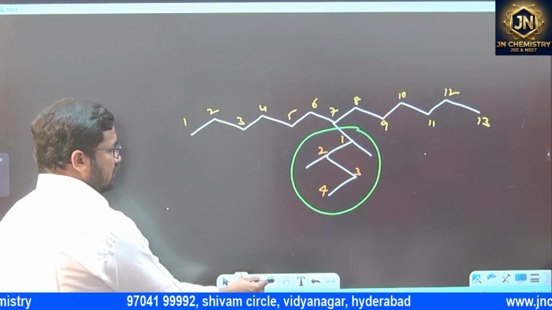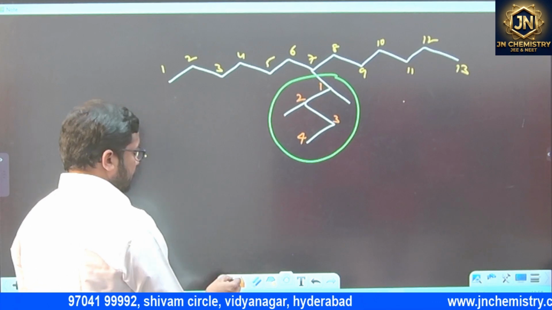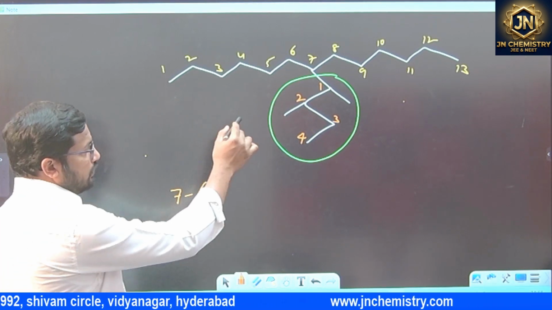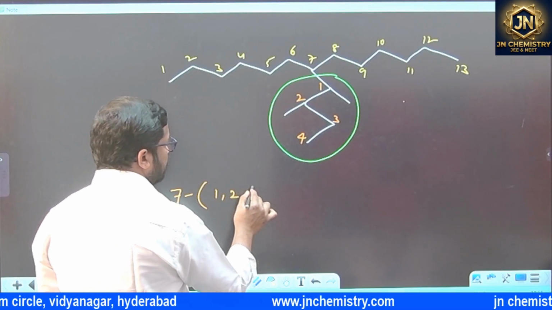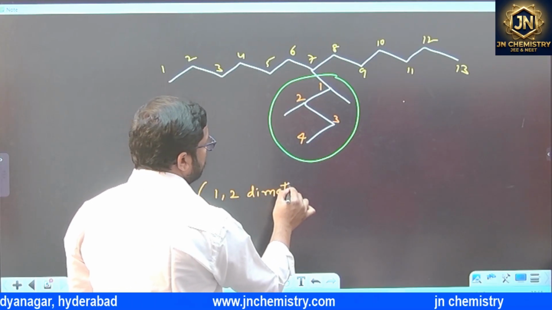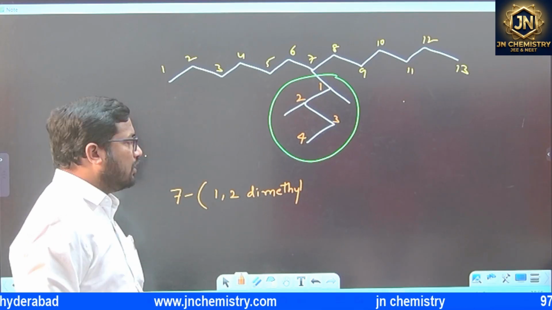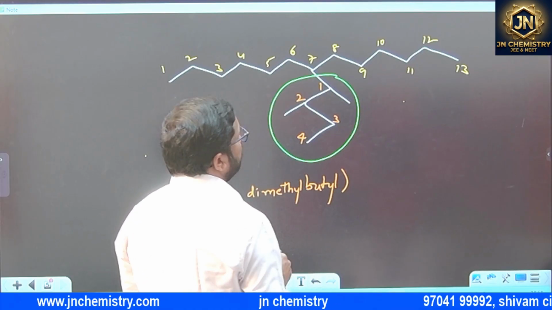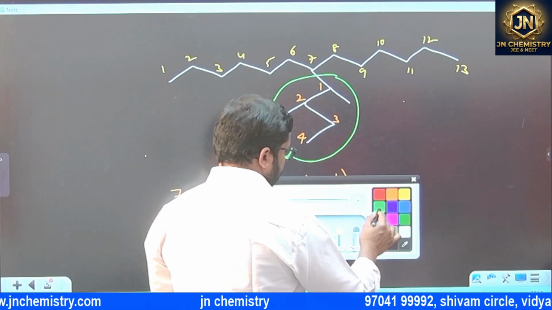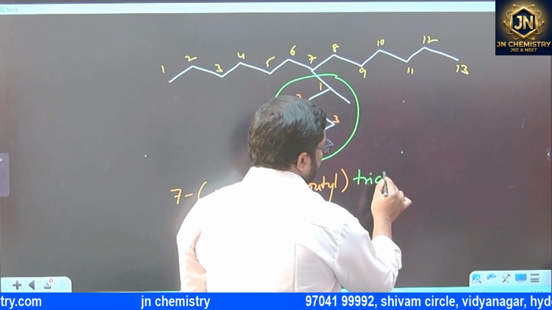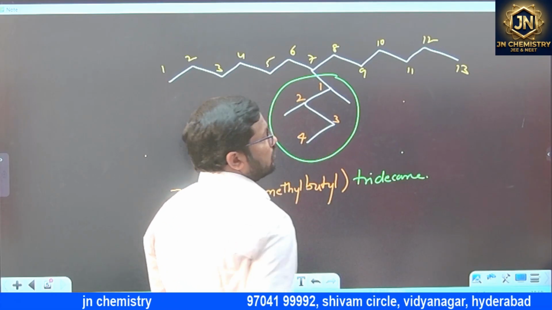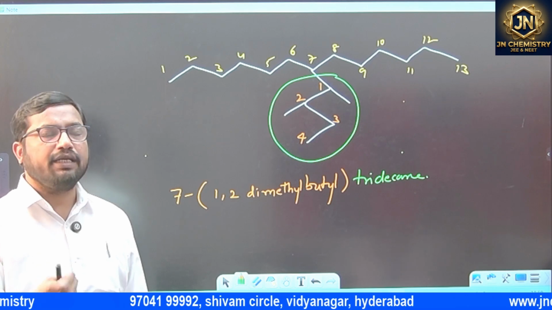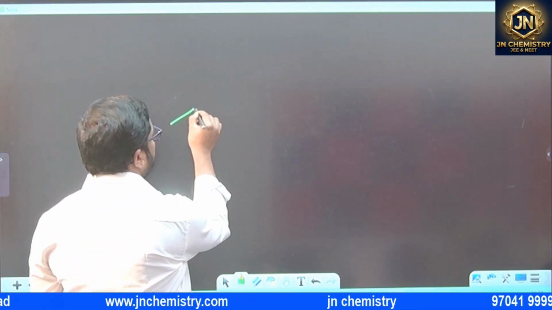How do we write it? 7-(1,2-dimethylbutyl)tridecane. So 11 carbons is undecane, 12 dodecane, tridecane, tetradecane, pentadecane, hexadecane, like that. Write one more.